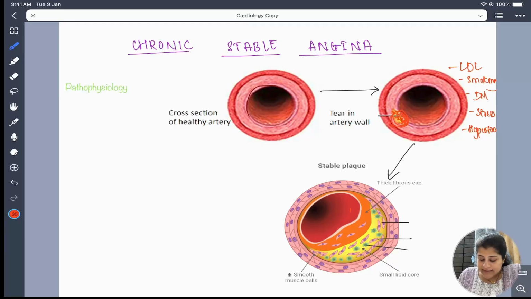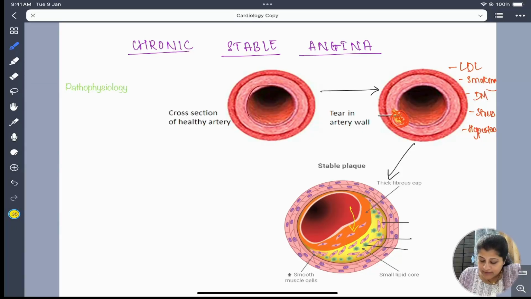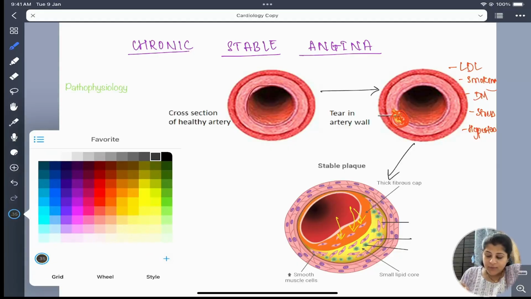There are multiple cells which get accumulated under the intima. Because there is a tear or injury in the vessel wall, multiple cells come and get accumulated in the subintimal layer.